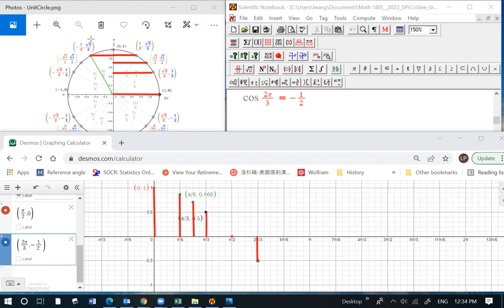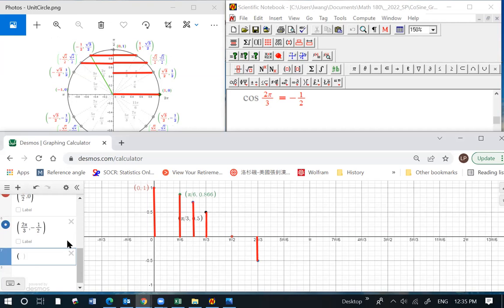We're not looking at the blue, that is for sine, okay? So this bar is the same as this horizontal bar, -½. And we keep doing this for 3 pi over 4, right?